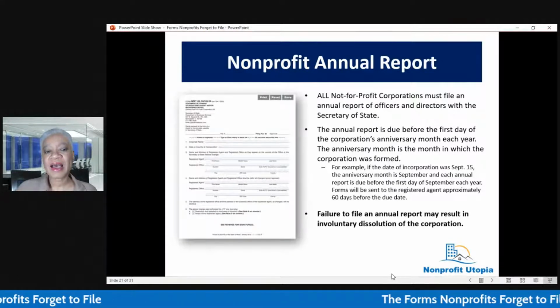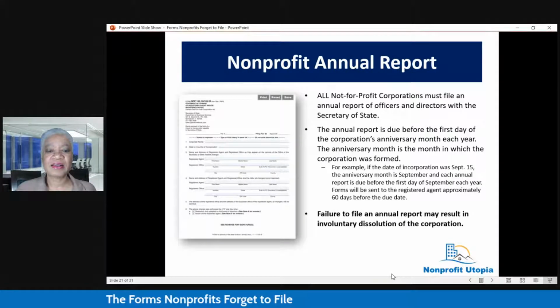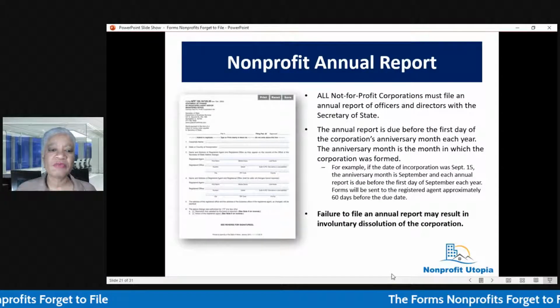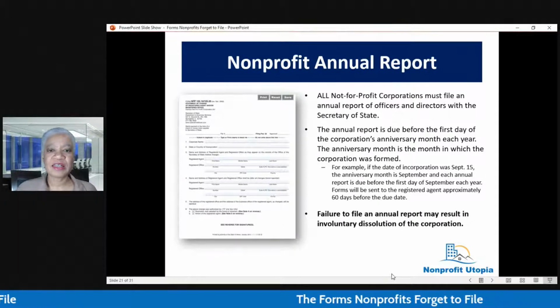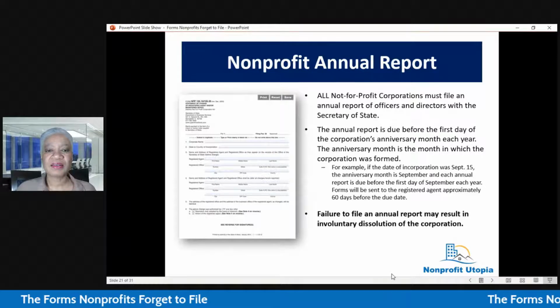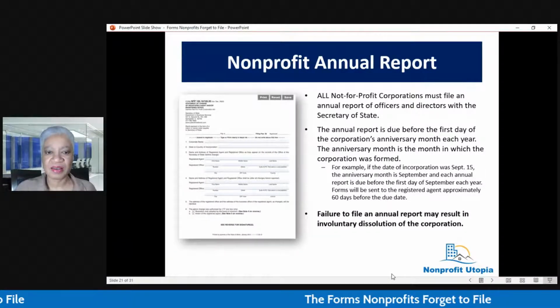At the same time, they may have tax exempt status. The IRS doesn't know that this organization has been dissolved. So it's conceivable that your organization could be in good standing with the IRS, but as far as the state is concerned, you're dissolved. You don't exist.